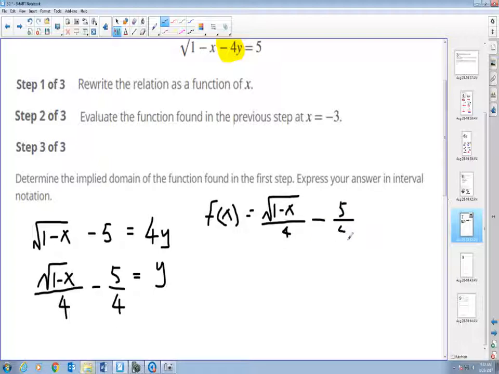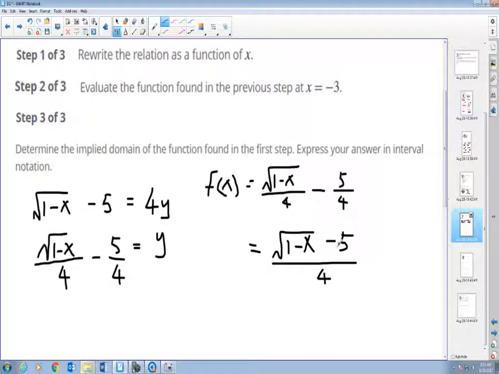Or you can actually write it as square root of 1 minus x minus 5 on the outside in both terms over 4. Just in case the computer shows you this particular answer, that's the reason why. So we can either split the divide by 4 among the 2 terms, or we can write it as one big term where the 2 on top share the same denominator.